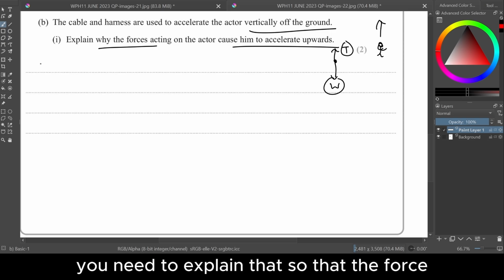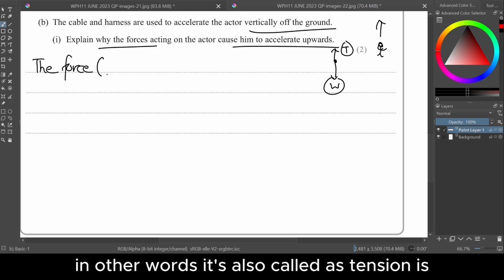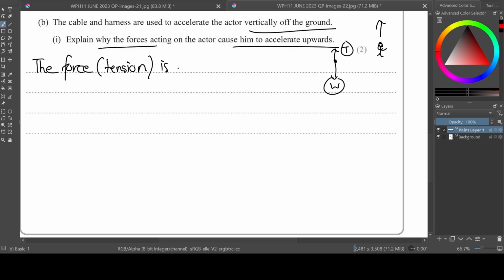You need to explain that the force, in other words also called tension, in the cable.